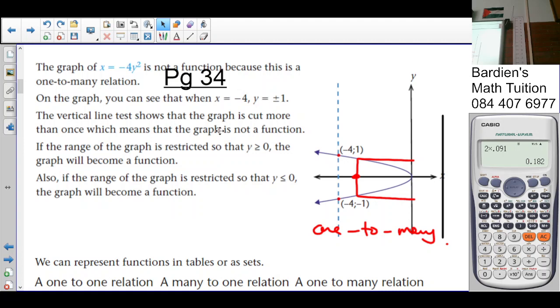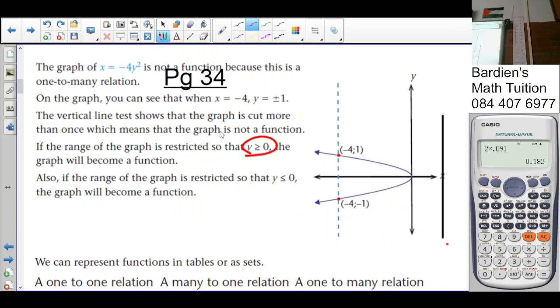If the range of the graph is restricted, what is range, people? All possible y values. Here they say if the range is restricted, the graph will become a function. So what they're trying to tell you is that if you restrict the graph for y greater than or equal to 0 only, then this part of the graph is going to be drawn.